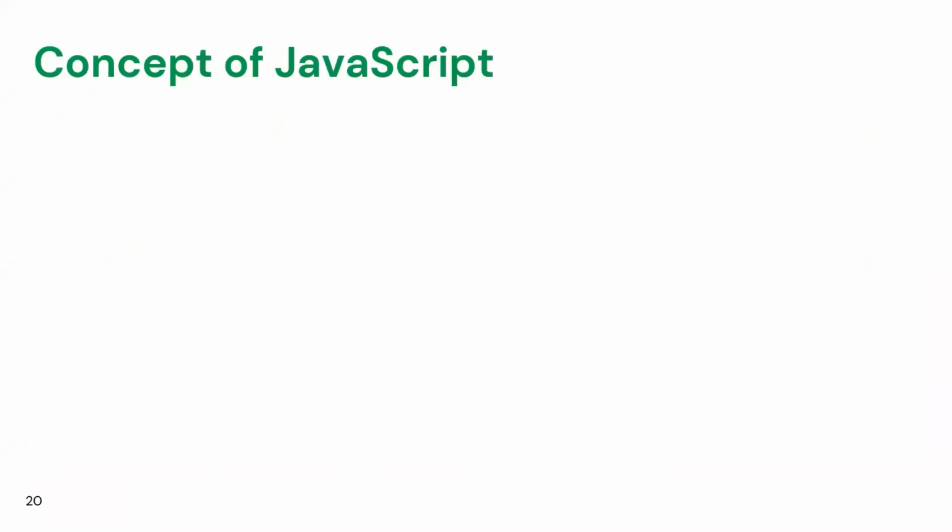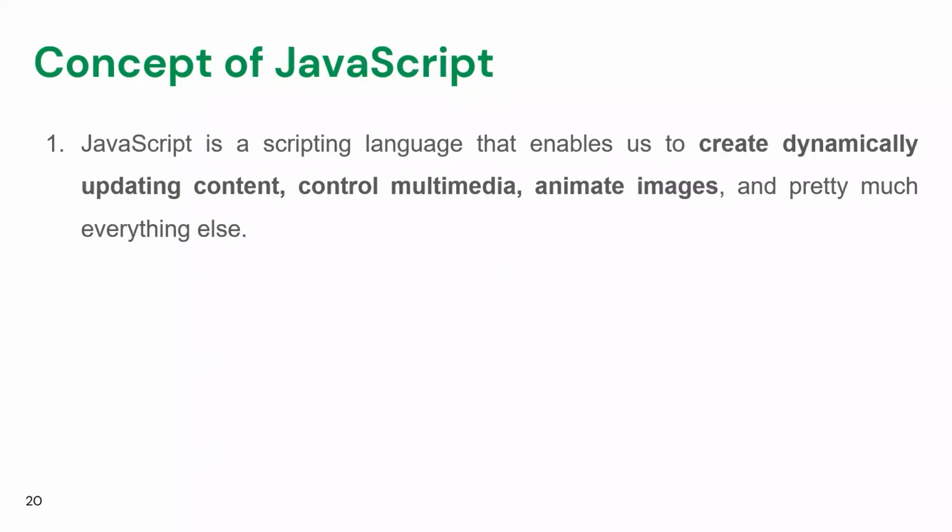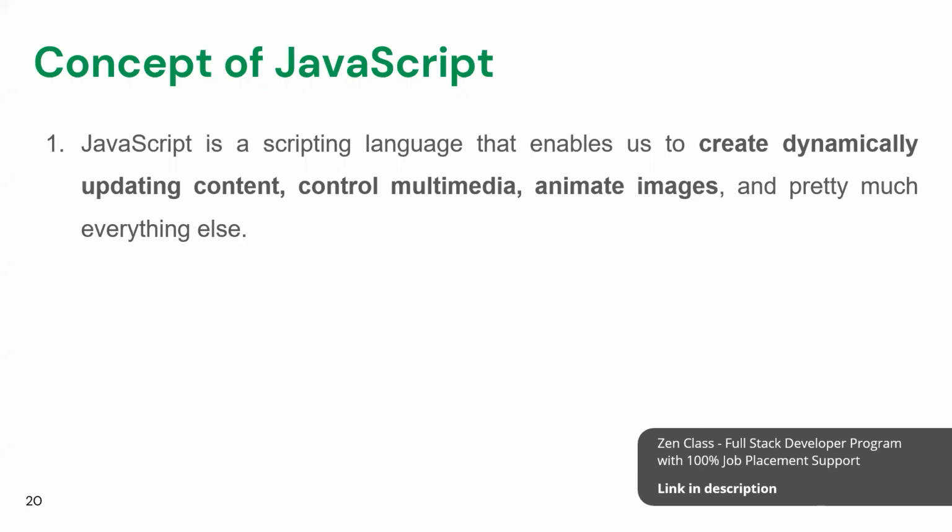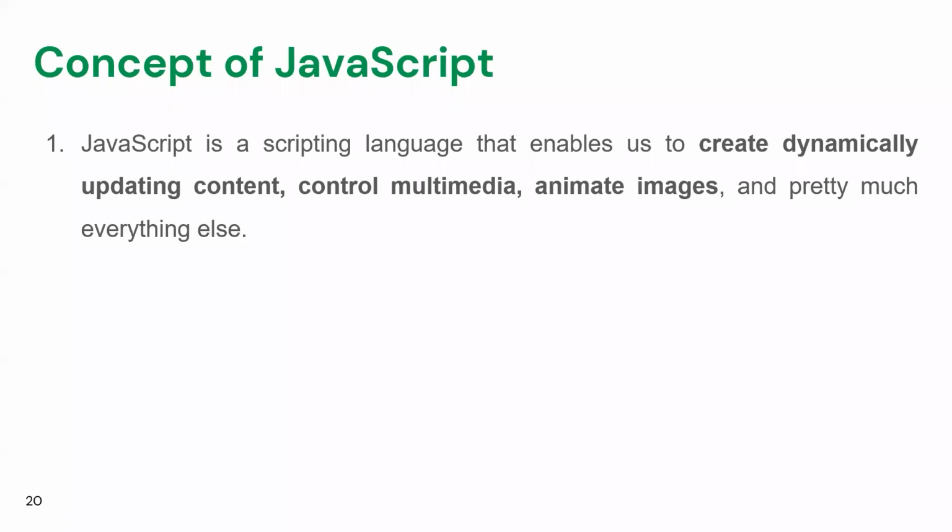The other part of the website is the concept of JavaScript. JavaScript is basically a scripting language, which you mainly require when you create dynamic websites where the end user can change the content of the website. It enables dynamic updating of content, control of multimedia, animating images, and so on.